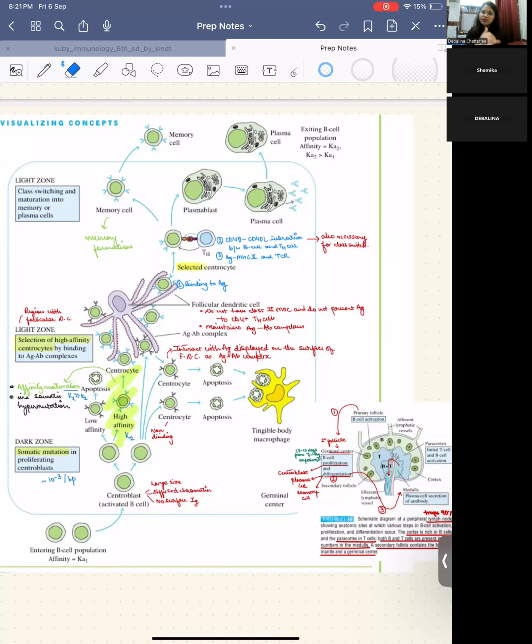So the body recruits the other one, which was made particularly for that particular antigen. Now, while the body was making it, it did not know that it might encounter that antigen. But it's a matter of chance that the body made it because it can make a huge lot of diversity, and it recognized that antigen, and it was a useful diversification that was done.